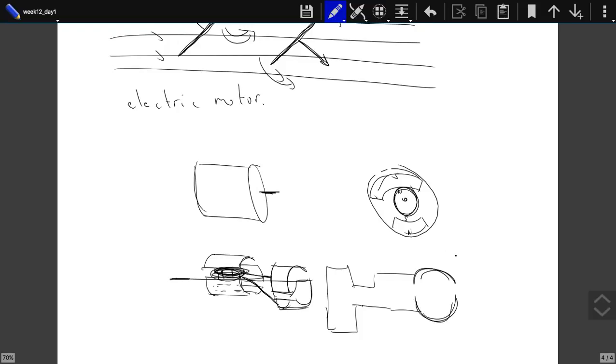Again, depending on how it's constructed, you can have some brushes. Let's say one metal piece over here, another metal piece over here. And as the motor is rotating, this thing is also rotating. Let's say this is connected to your battery, your AC or your DC source.